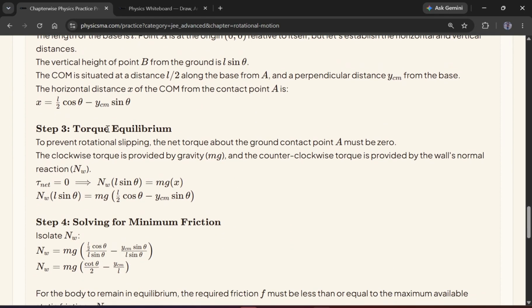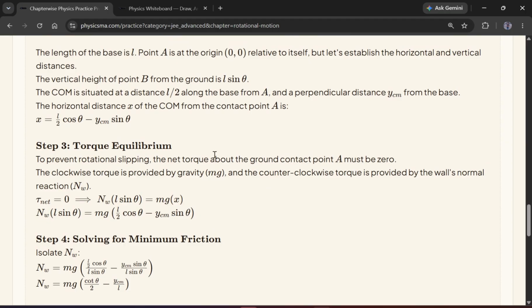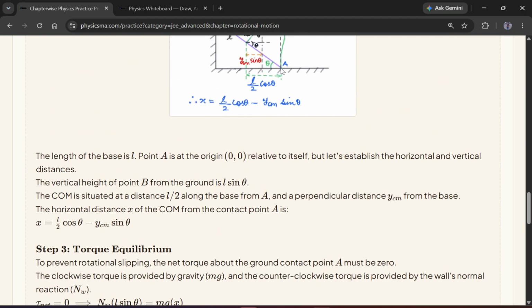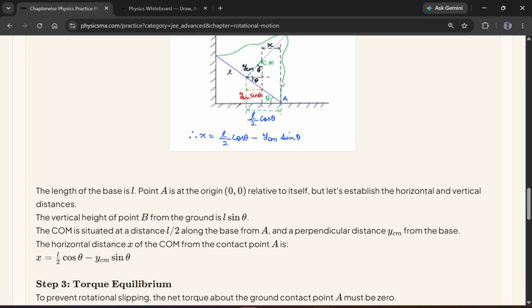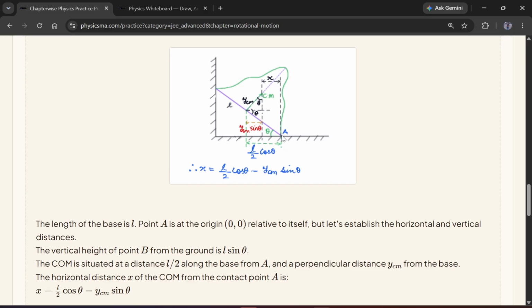Then we have the torque equilibrium, means the rotational equilibrium, right? So what I'm going to do is to get the net torque about the ground contact point A. About point A, we are going to make net torque equal to 0. So why are we taking this point? Because you see the friction and this normal, torque of these two forces will be 0.